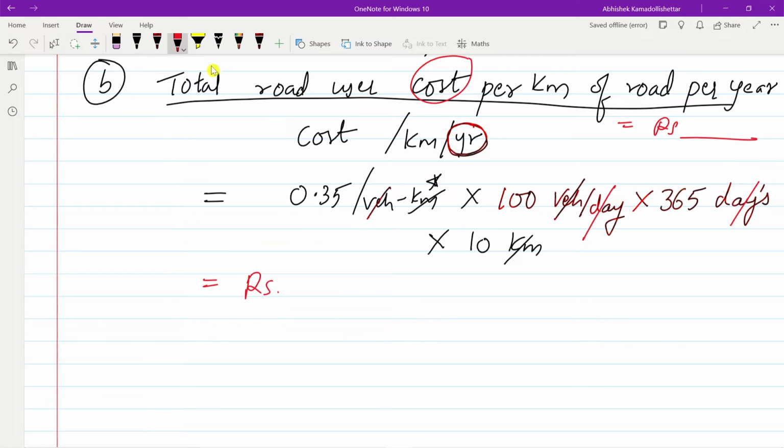So when you multiply 0.35 into 100 into 365 into 10, the value you're going to get is rupees 1,27,750. So very carefully you have to solve.